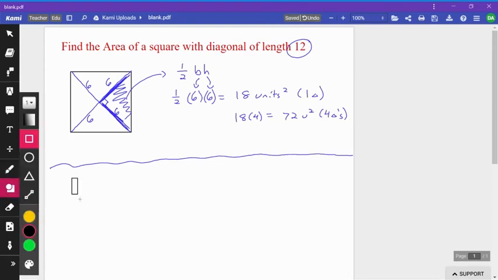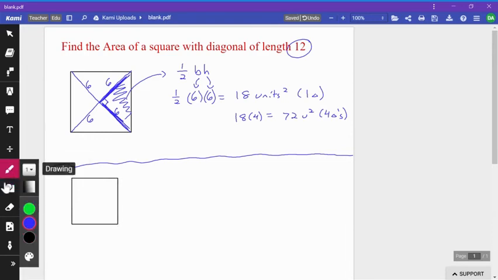So what I need is a square, so let's bring out a square here. Going through the same problem, the diagonal is 12. Here's a side, and there's another side. And I can use the Pythagorean theorem. The Pythagorean theorem here is going to be side squared plus side squared equals hypotenuse squared.